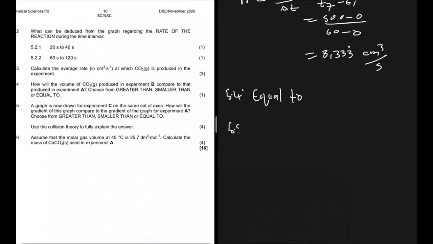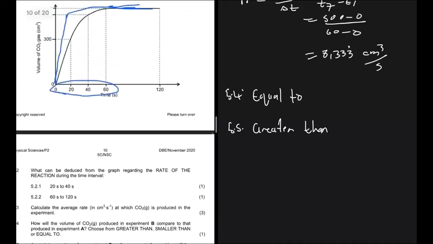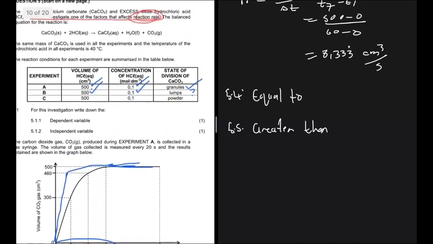So we're going to say that the gradient will be greater than, right? Which sounds a bit weird. It will be greater than in value, but it's not very scientific. The gradient will be steeper. But that's what they want from us. So it's greater than. And they're saying let's back it up using the collision theory. So again, experiment C is powder, and experiment A is granules.